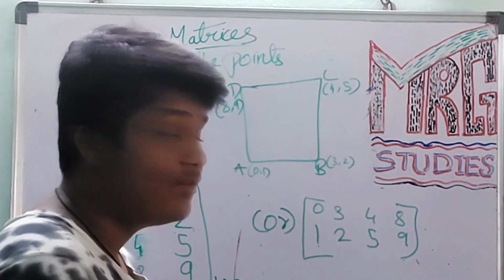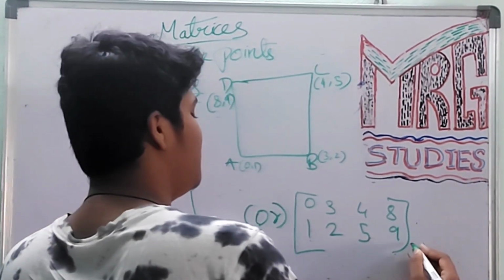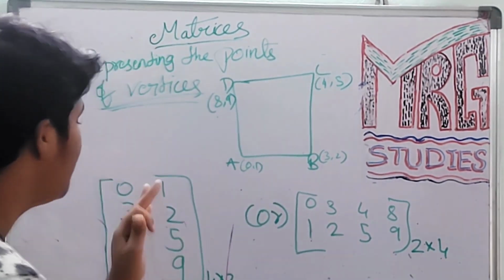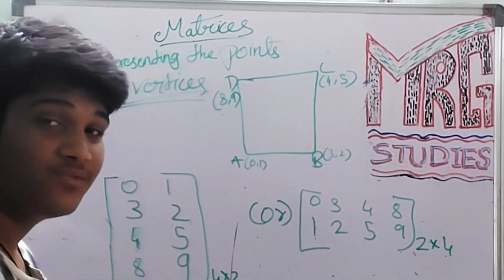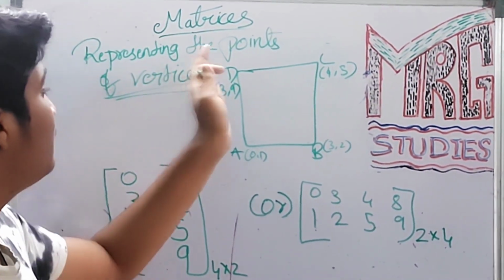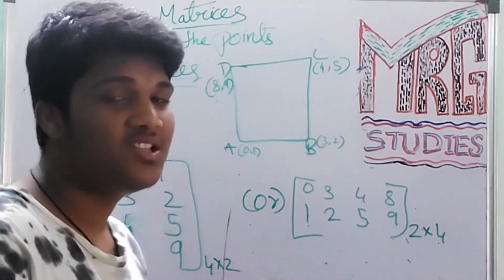How many rows do we have? 2. How many columns? 4. So the order of this matrix is 2 into 4. So this is how we convert the points of vertices into matrices. So remember this thing, friends.